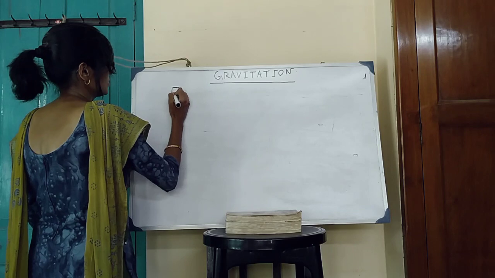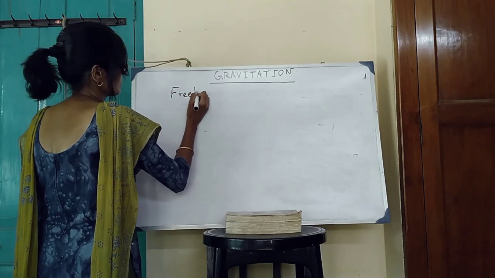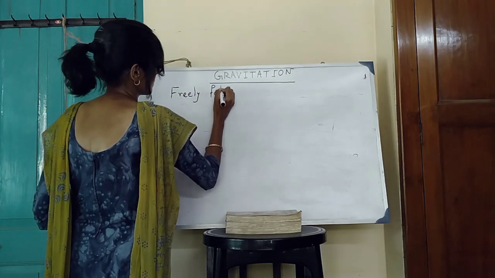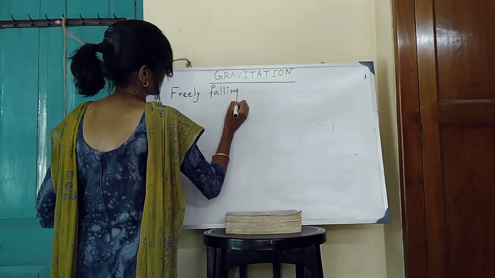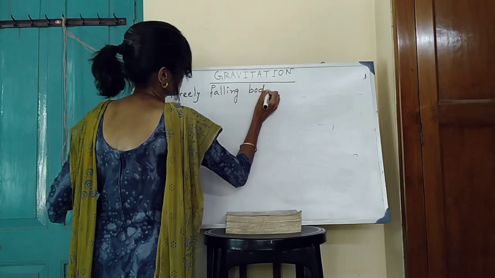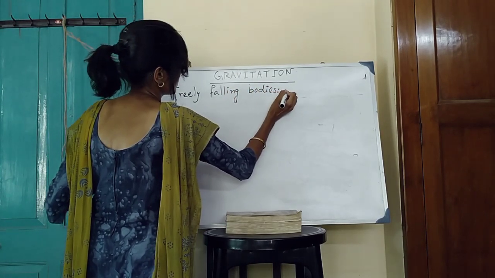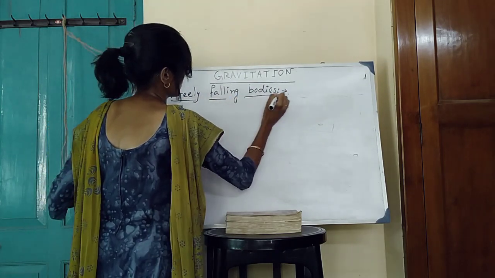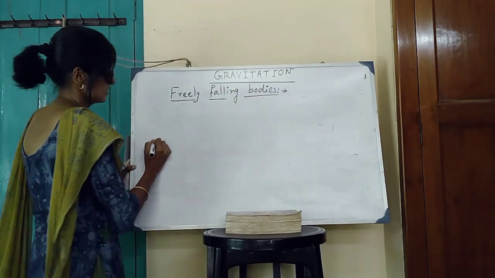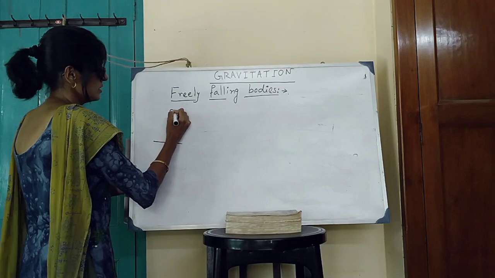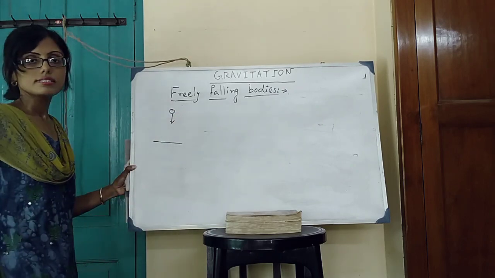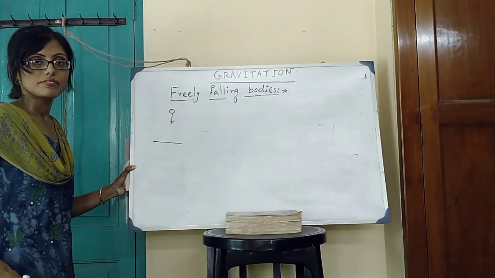Freely falling bodies. What are freely falling bodies? Suppose a body is falling towards the center of earth due to gravity.